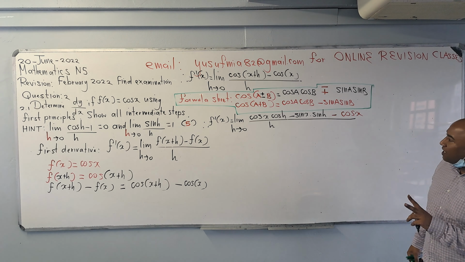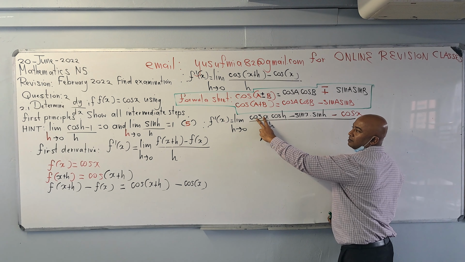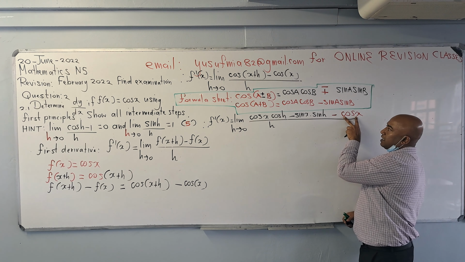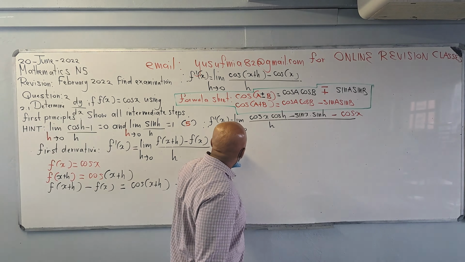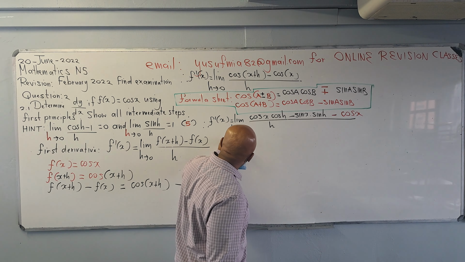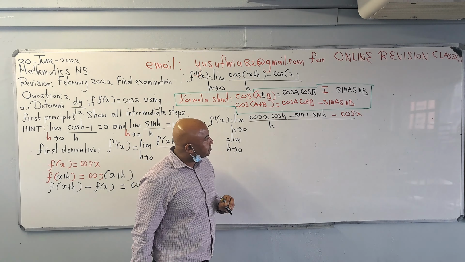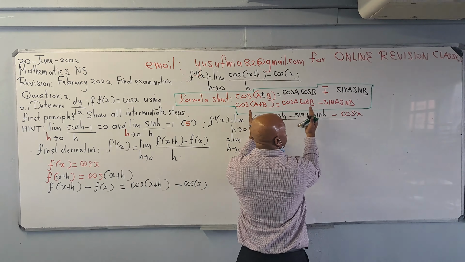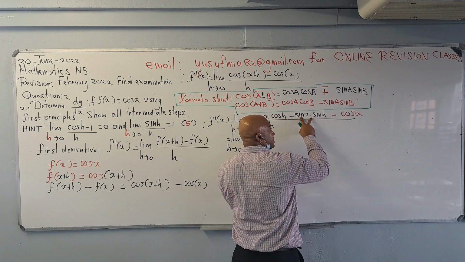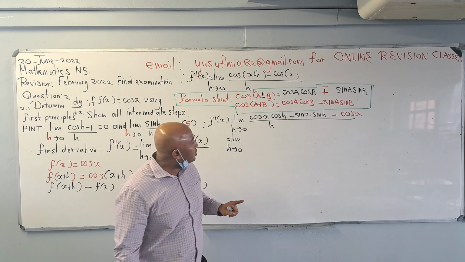Now let's see, what can we do here? I noticed that there's a cos x here. There's also a cos x there. So let's group these two and take out a common factor. So this is equal to the limit as h approaches 0. If I write these two terms next to each other, this term I'll write at the end, and I want to take out a common factor from the first two terms.